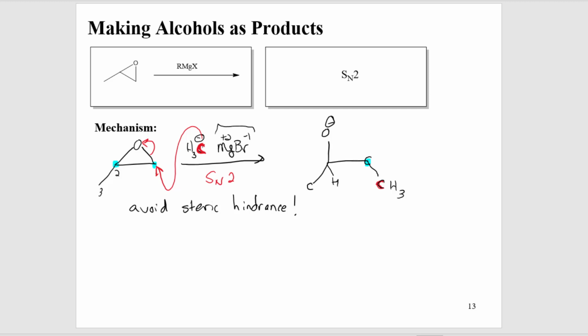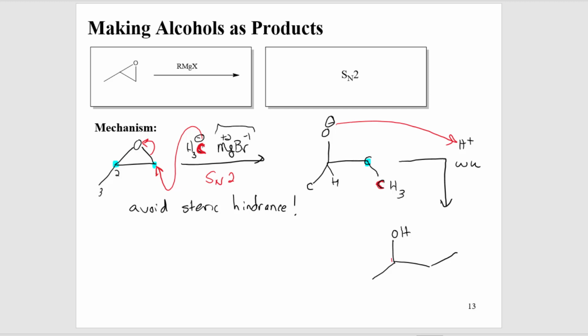So nothing but carbons and hydrogens. It stays put until you work it up under acidic conditions. So the O minus gets protonated under acidic conditions. And we end with our final product.